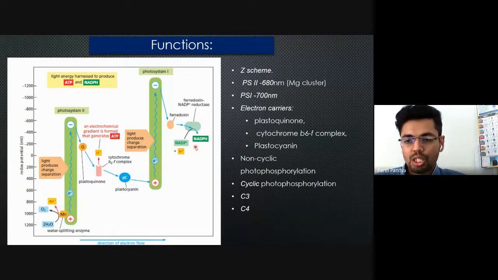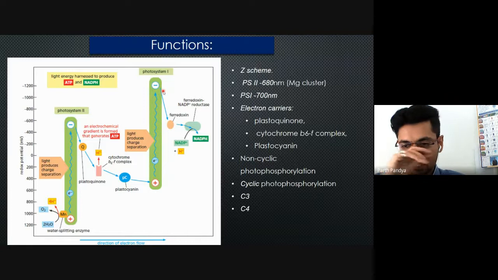If we see cyclic photophosphorylation, it is governed by only one system, whereas non-cyclic is governed by two systems. In cyclic, only ATP molecules are produced, and in non-cyclic, both ATP and NADPH are produced. Cyclic is a reservoir type where the plant is not able to undergo a continuous process, so the energy is very low.